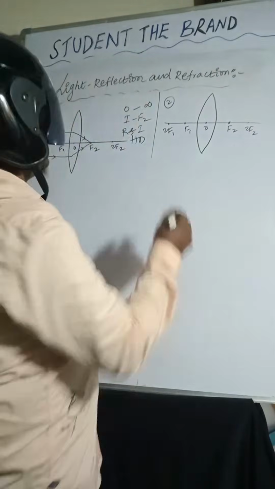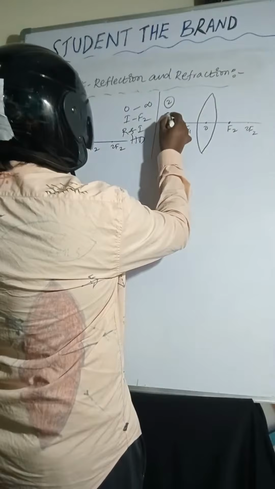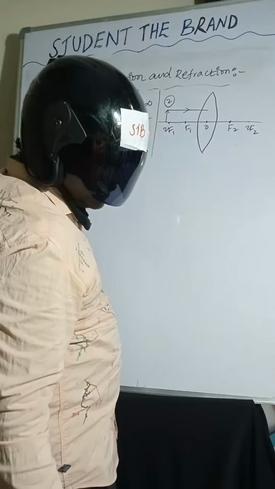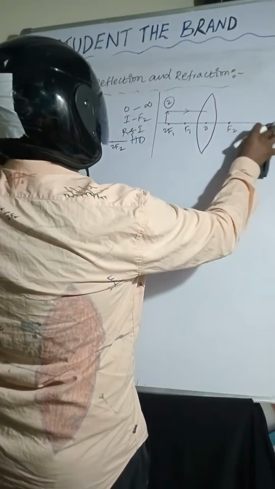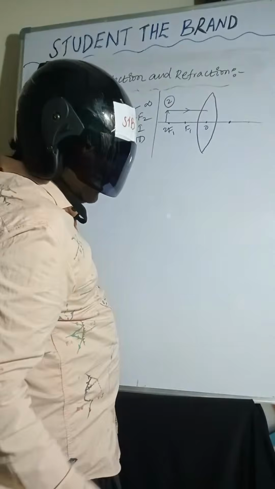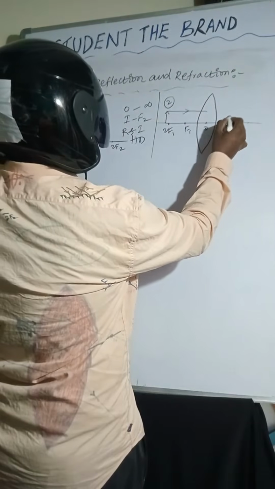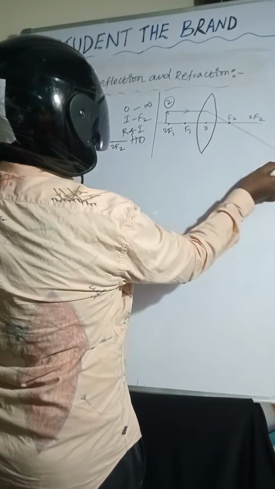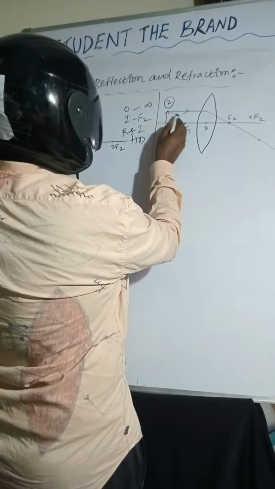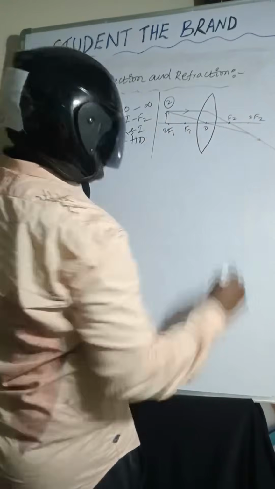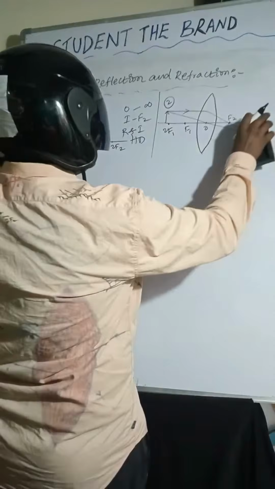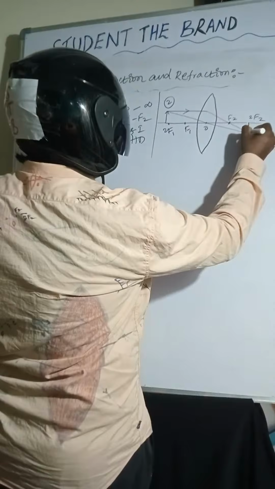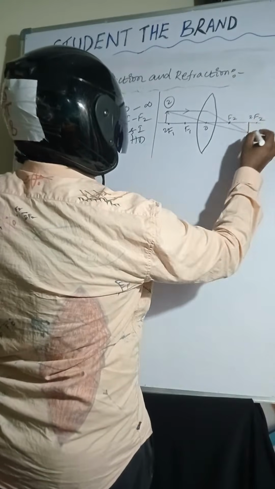Here one light ray I am taking like this, the light ray will pass through F2 and 2F2. Another light ray is passing through optic center. Okay, so image will form between F2 and 2F2.